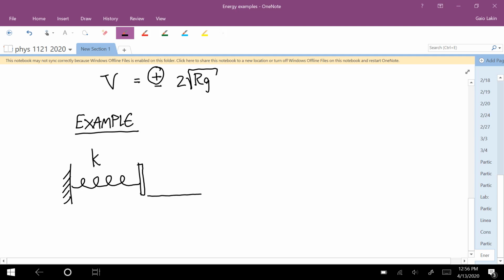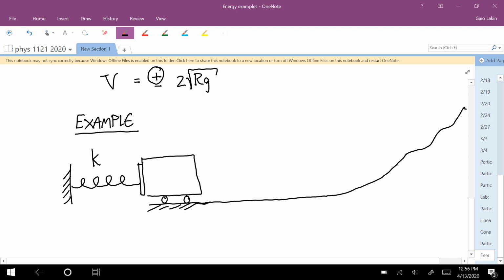And let's say that you pull it back, and when you let it go, it sends this cart thing launching out, okay? And let's say that it starts out along the flat and then eventually starts to go up this hill.